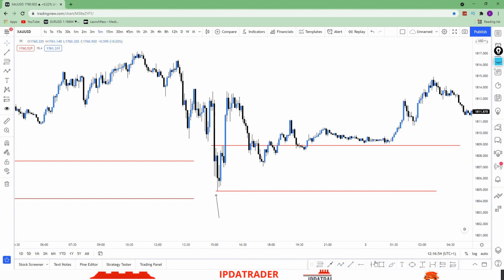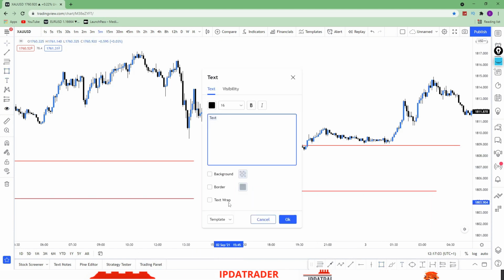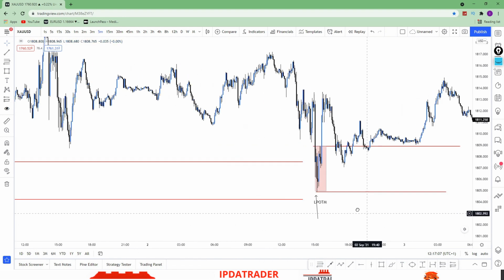This region right here from the top to the bottom. This is now your new last point of true mitigation, and you can go ahead and name that last point of true mitigation. And yeah, this is pretty much the theory.